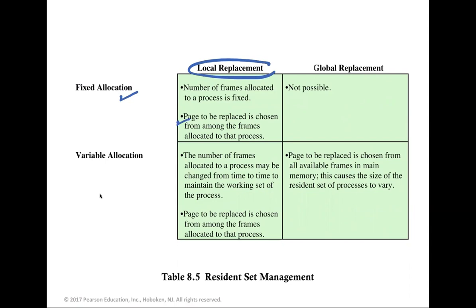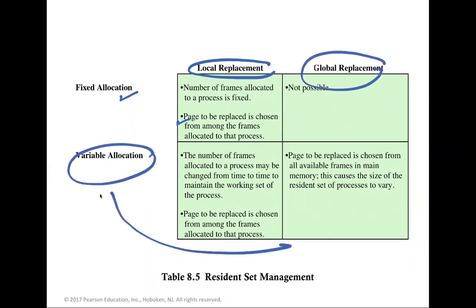On the other hand, a variable allocation policy can clearly employ a global solution using a global replacement policy. The replacement of a page from one process in the main memory with that of another process causes the allocation of one process to grow by one page and that of the other to shrink by one page.